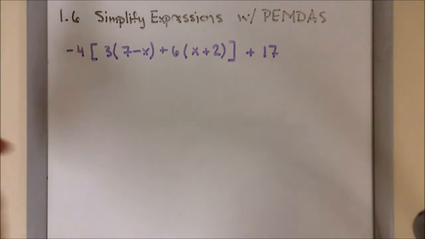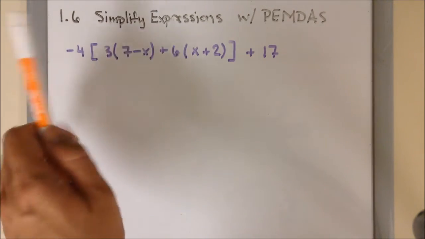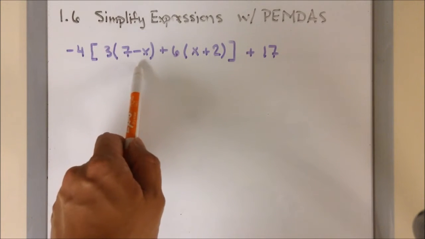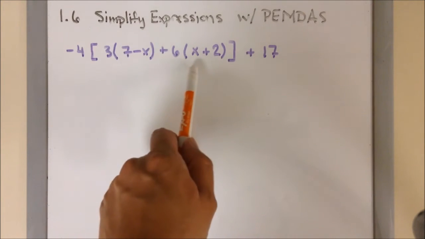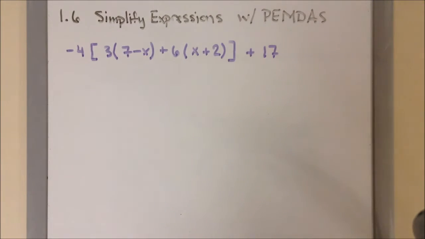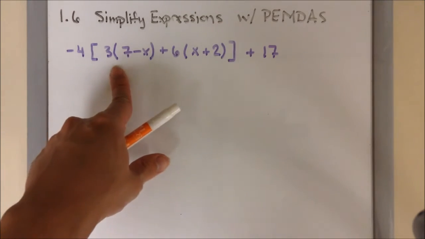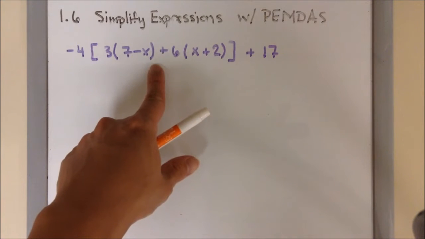In example 2, we have negative 4 times the sum of this big expression where it's 3 times 7 minus x plus 6 times x plus 2, and then close bracket, plus 17. Alright, so that means we have multiple things all at once. So what I'm going to do is divide our groups so I don't mix up when it comes to distributing, and I don't mix up when it comes to combining like terms. So open bracket, and then open parenthesis, and then close parenthesis.